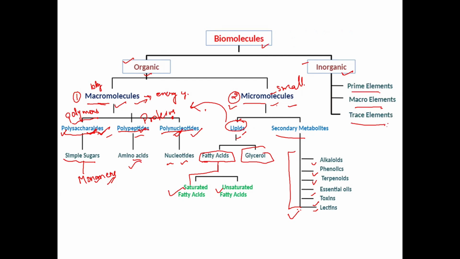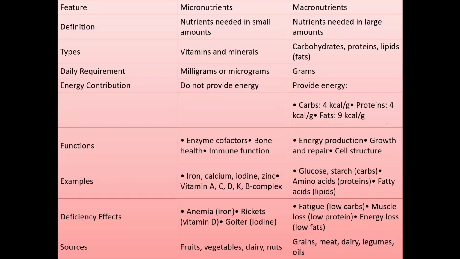So basically, in this slide, we will learn that a macromolecule is a large molecule made by linking smaller units called monomers. For example, protein is a macromolecule made from smaller units called amino acids, whereas a micromolecule is a small molecule like water, minerals, or oxygen, tiny but essential, right? Let's see the chart, macro and micro.